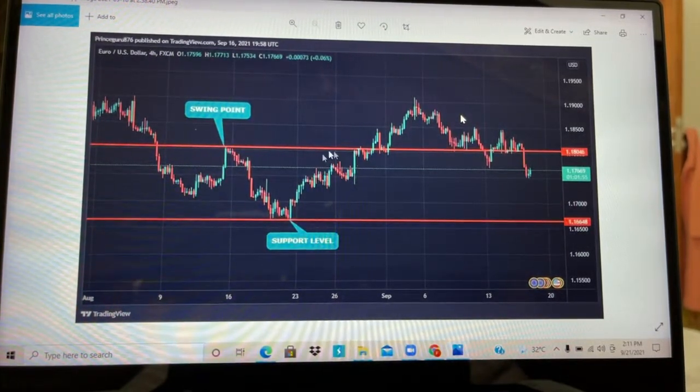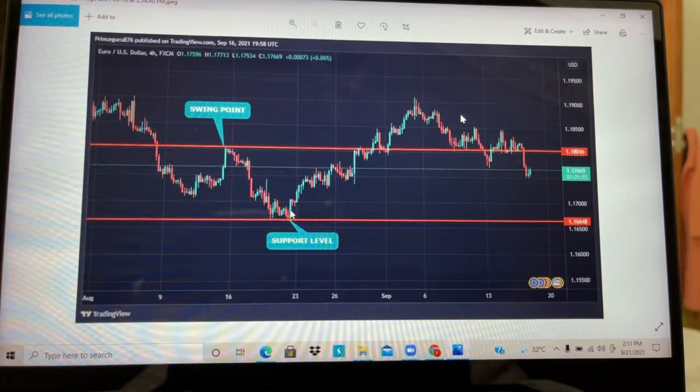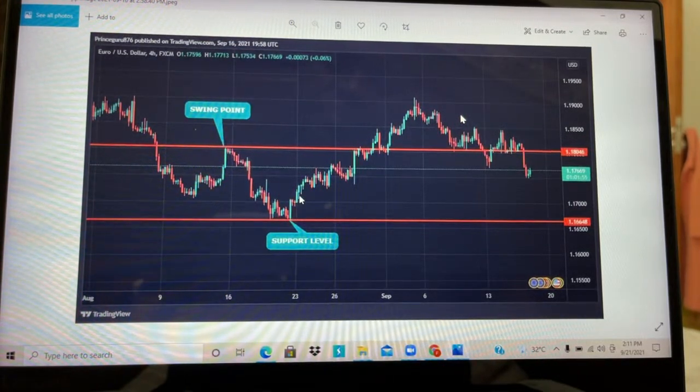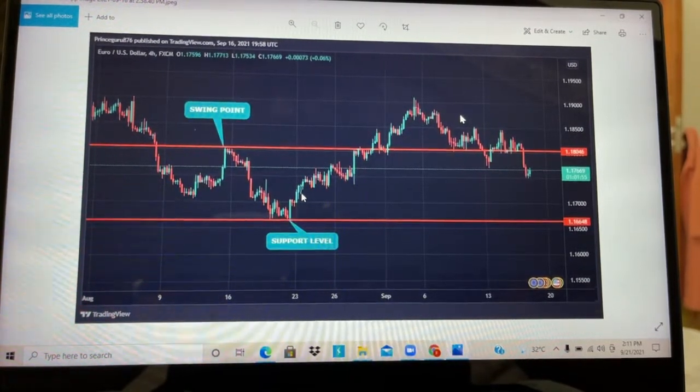What I like about the 4 hour is that the information it gives you is more clear, and it would be for the long term. So most likely you would be in the trade for over 4 hours. That's the best way to do it. If you go to a 15-minute time frame, most likely you will be in the trade for 15 minutes.